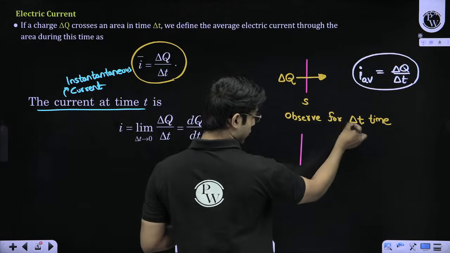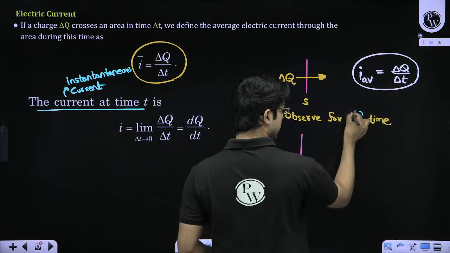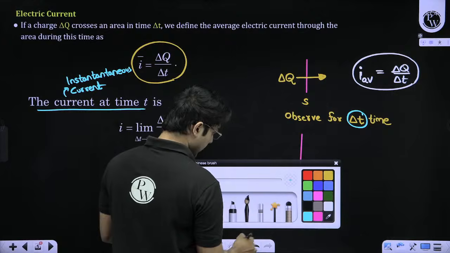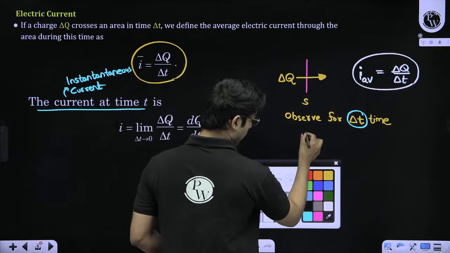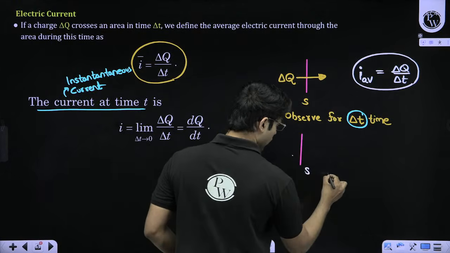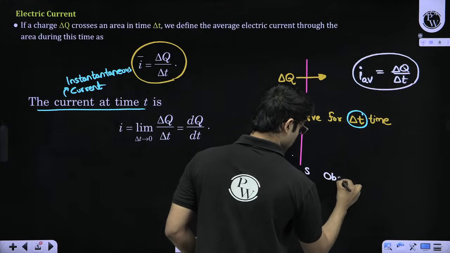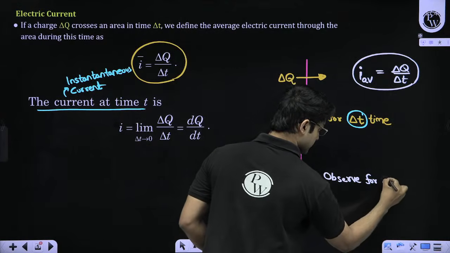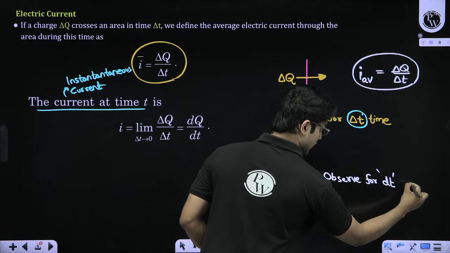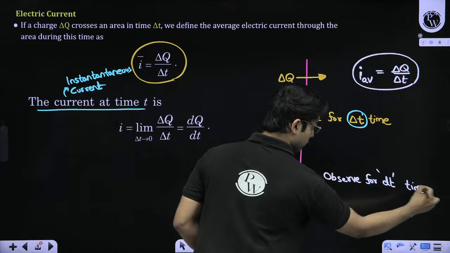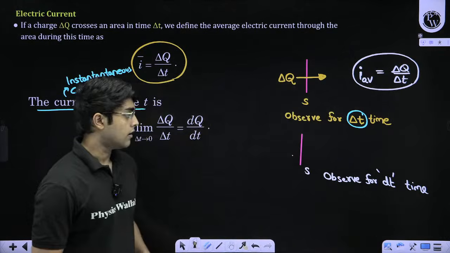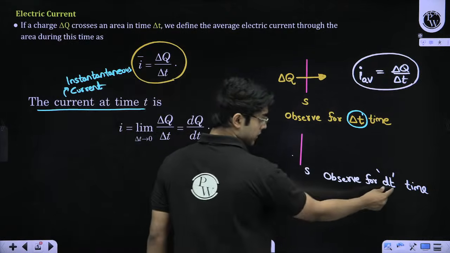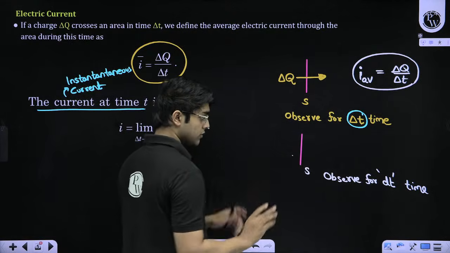Here we observed for a finite, slightly large time duration delta t. But if I want the current at any instant of time, all I have to do is observe for dt time. dt means a very small time interval. By the exact definition, it's an infinitesimally small time interval, as small as you can imagine.